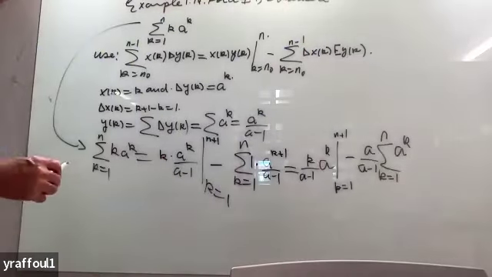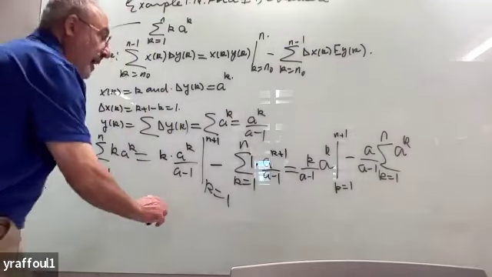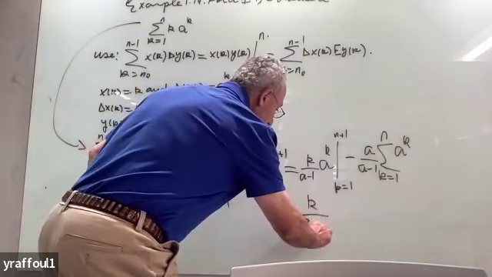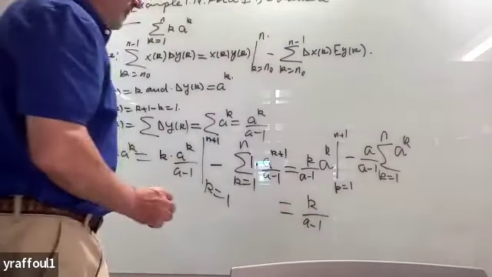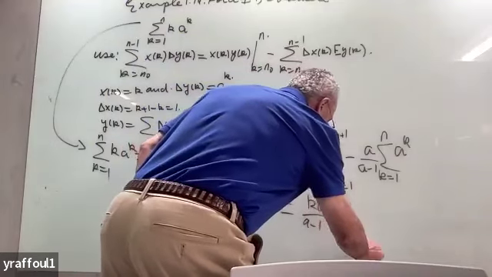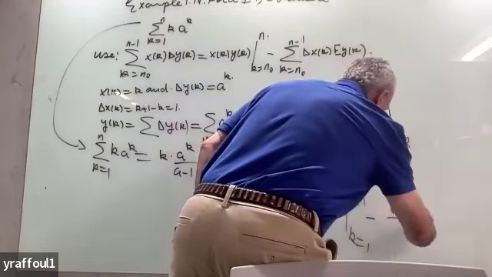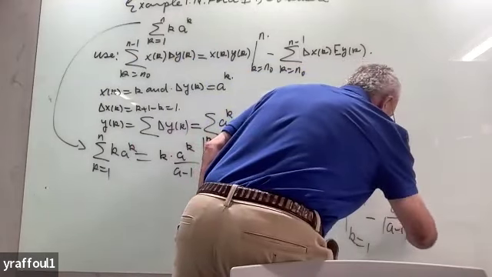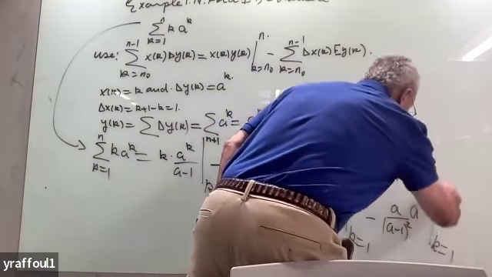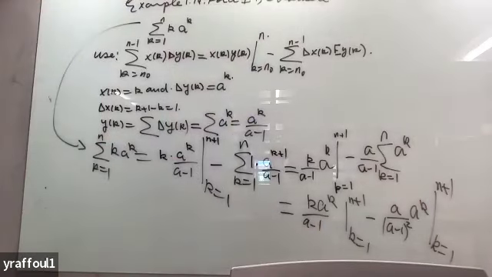Okay? And this is, again, equal to k over a minus 1 a^k, k is 1 to n plus 1, minus a over a minus 1 squared a^k, k equal 1 to n plus 1. Okay?